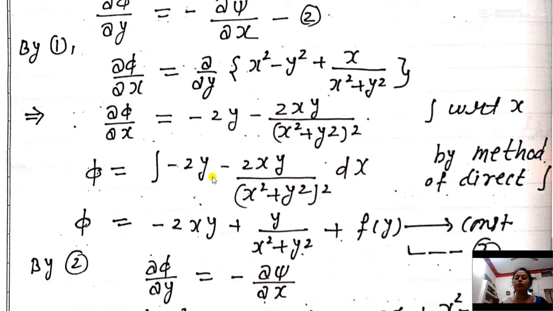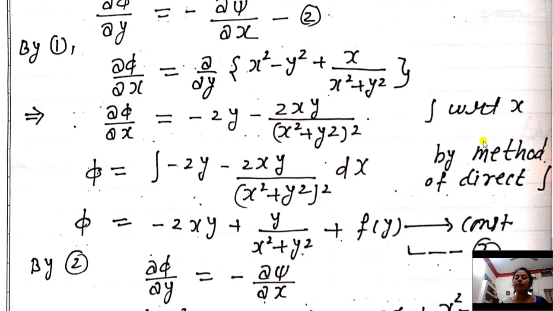The integration of minus 2y will be minus 2y into x. Y is considered as a constant, and here also we have to use y as a constant, and by substitution method, the integration of this term is simply y upon x square plus y square.